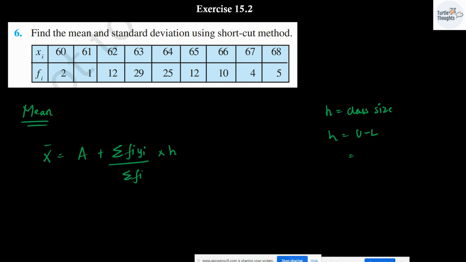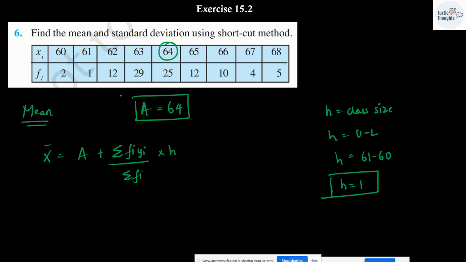So the value of h is going to be 61 minus 60 or 66 minus 65 or 65 minus 64. Any value if you take, the value of h will be equal to 1. The class size is going to be equal to 1, and the assumed mean is going to be the middlemost value of xi. So I can write a is going to be equal to 64.